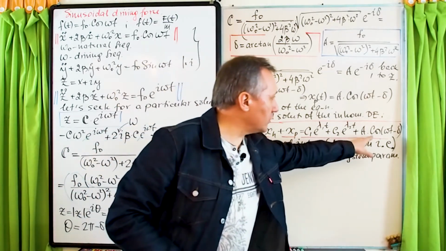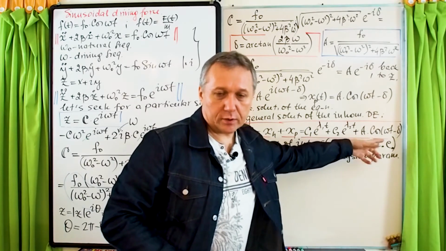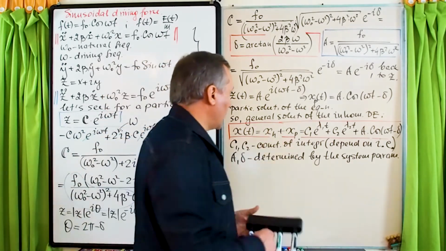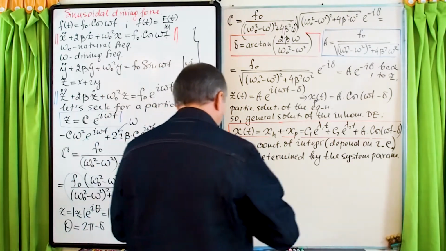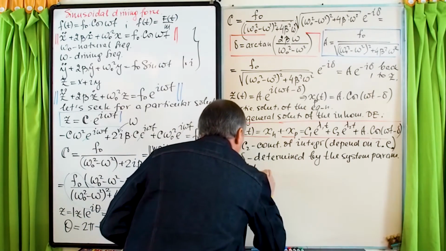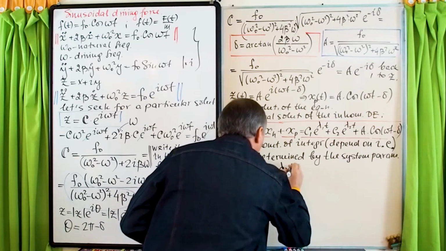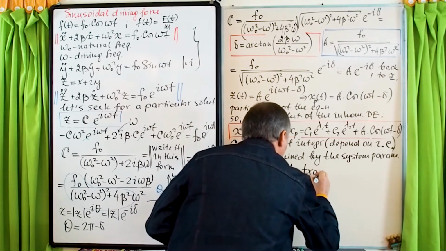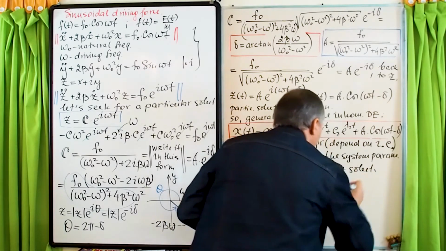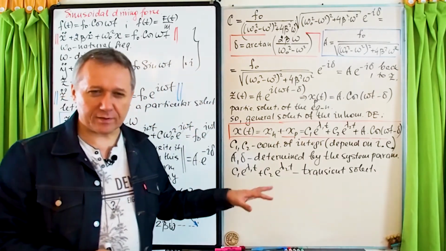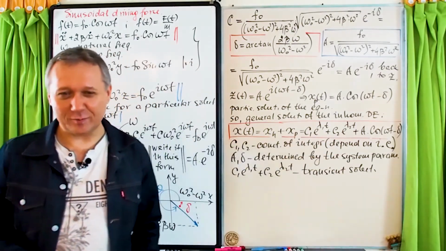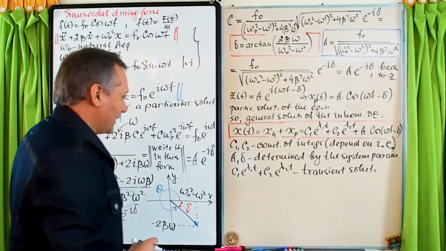So that's why it is called the transient solution. And this part, the particular solution, is called the steady state solution. Let me emphasize this. C1 e to the power of lambda 1 t plus C2 e to the power of lambda 2 t are called the transient solution. I should have named them immediately after introducing them so that I could use this space, but I filled the space already with writing, so I have to write it this way.